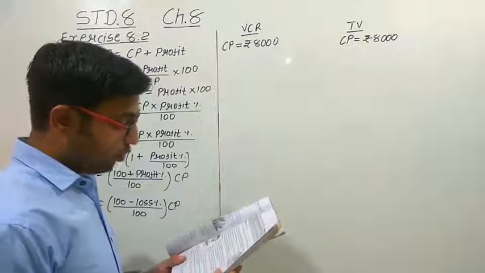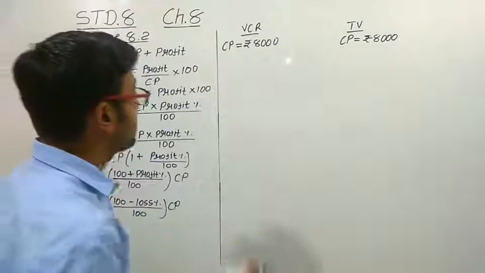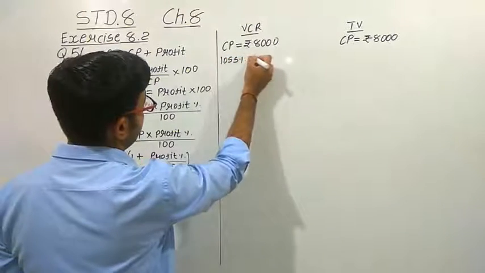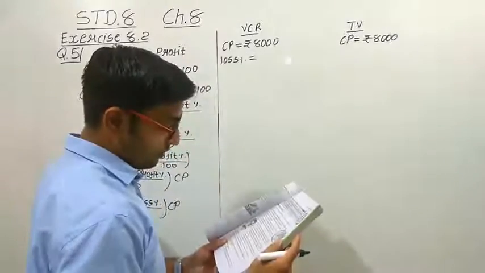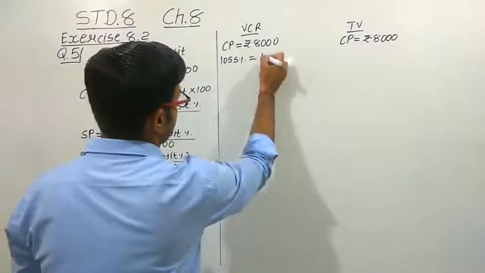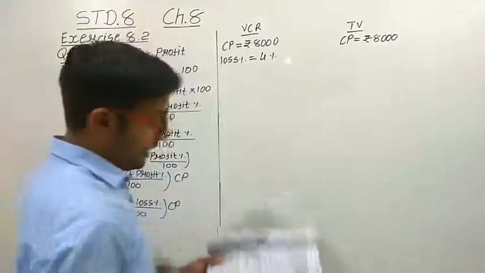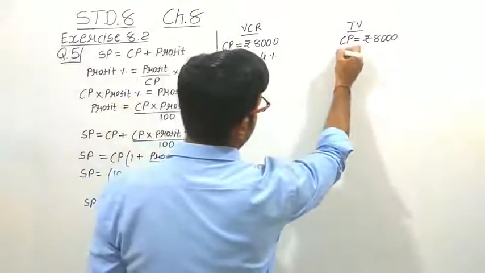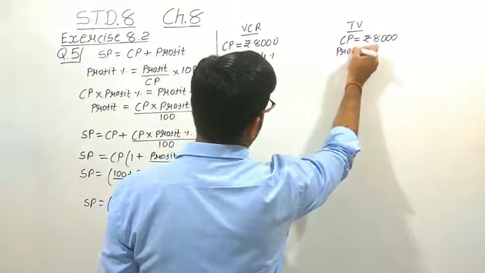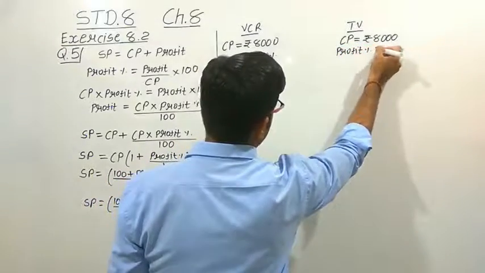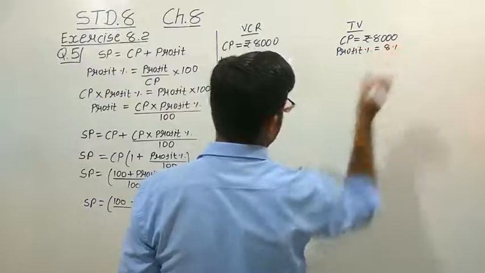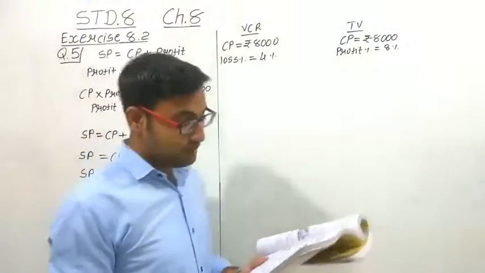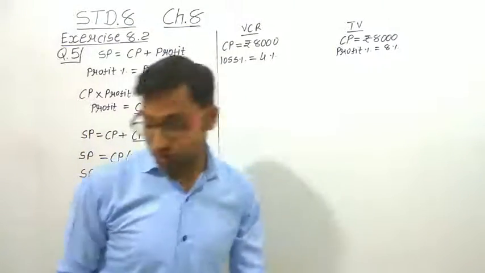Now let us study further. The shopkeeper made a loss of 4% on the VCR. So in the VCR he made a loss, and the loss percentage given is 4%. And he is making a profit of 8% on the TV. So here we write that profit percentage is equal to 8%, right? Find the gain or loss percentage on the whole transaction.